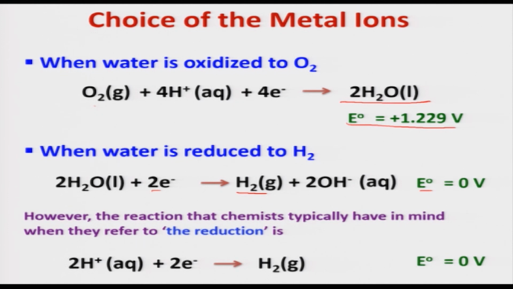The reaction that chemists typically have in mind when they refer to reduction is 2H plus 2 electrons releasing hydrogen gas. So, any redox couple which can reduce water to hydrogen is not suitable in the biological system.